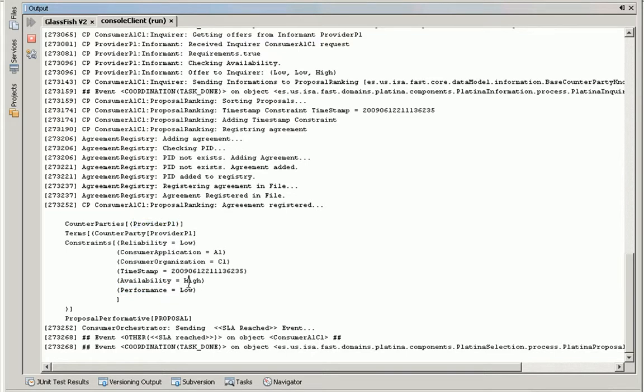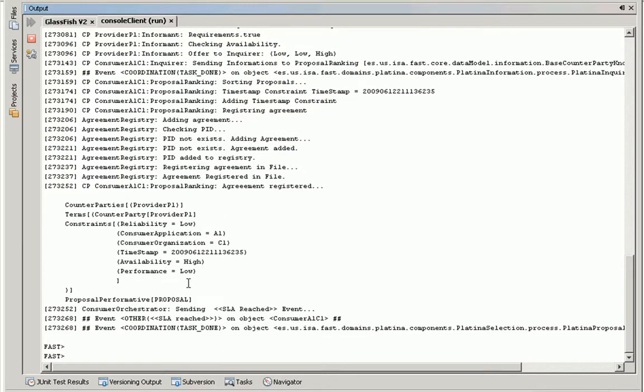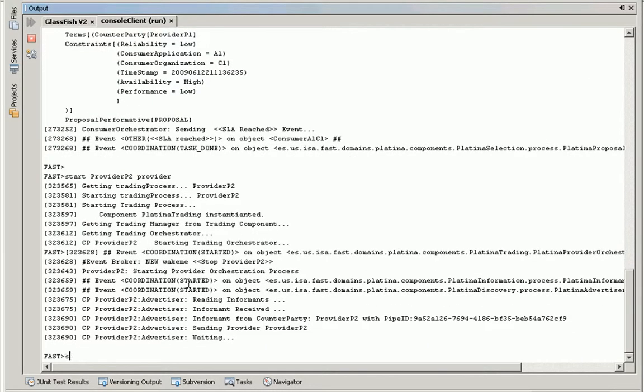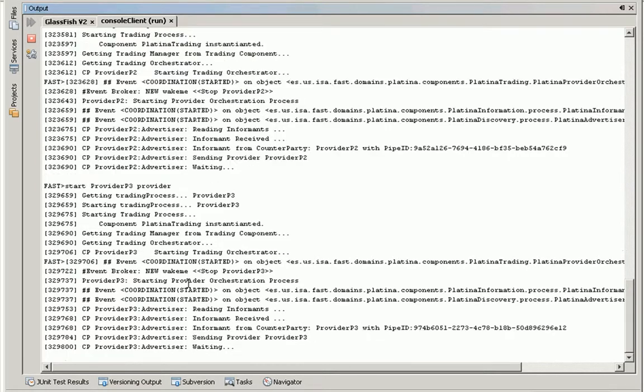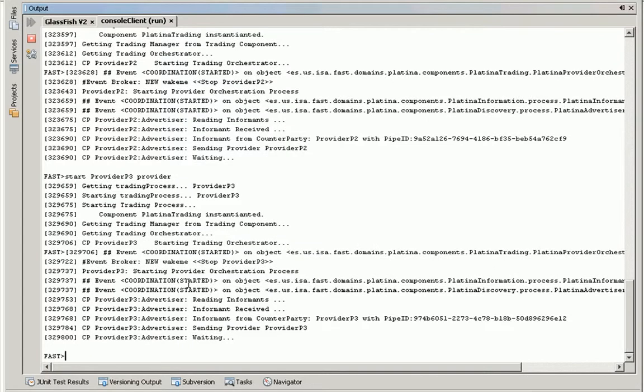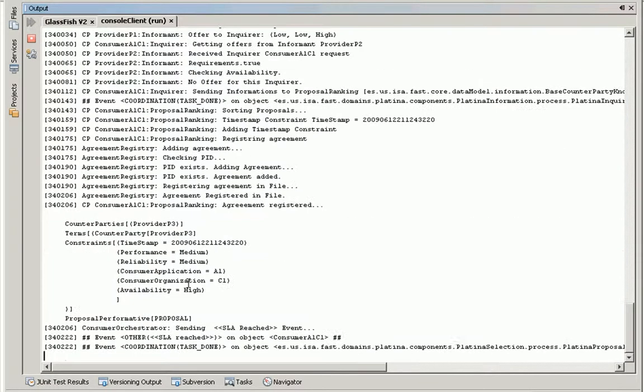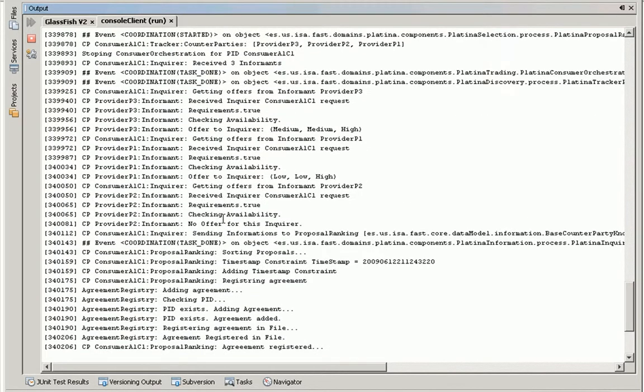We can now try a much more complex scenario with several providers. In doing so, we should start the appropriate processes, like for example the trading process for provider P2 and the provider P3. Now we have three different providers up and running, waiting for a consumer. So we can again start the same consumer, the consumer A1C1, and we see now a much more complex interaction.